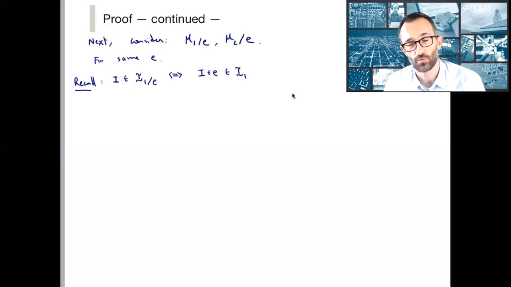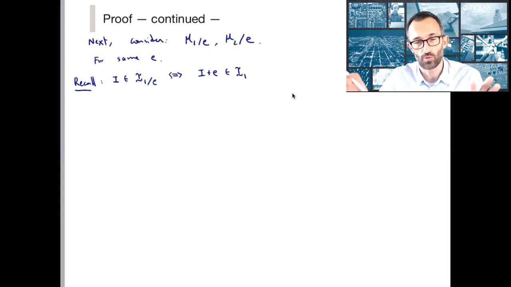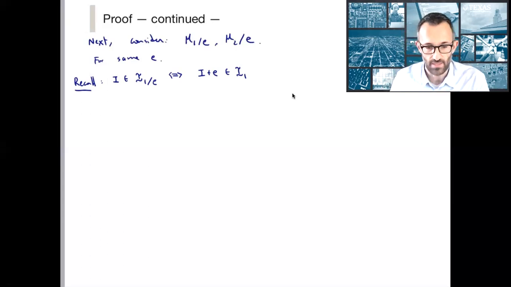If you look back to a few lectures ago when we defined contraction and deletion, I gave a simple example of a graphic matroid where I contracted an element and then deleted an element and wrote down the independent sets in each case, so that we can see that the independent sets are in fact different in those two situations.